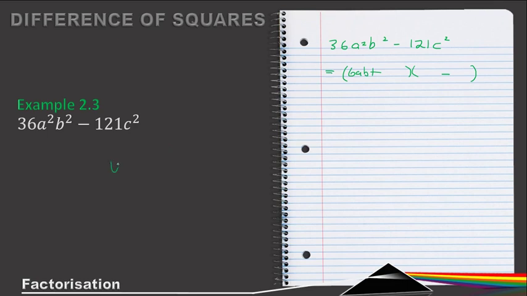So if I take the square root of 36a squared b squared, I will get 6ab. I write it over here as well. And then on this side, I've got 121c squared. So the square root of that is 11c. And then I just write it over here and here. Okay, so that's done.